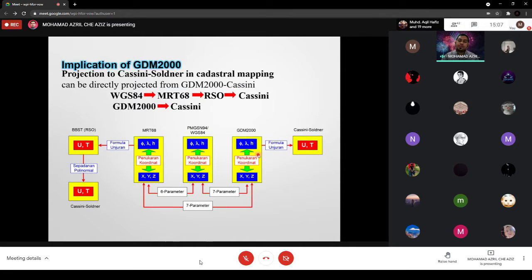But if you are required to change to the old Cassini, from GDM 2000 you need the 7 parameters, apply the datum transformation, and change to the MRT 68. From the MRT 68, you change to the RSO, and from RSO you change to the old Cassini-Soldner.